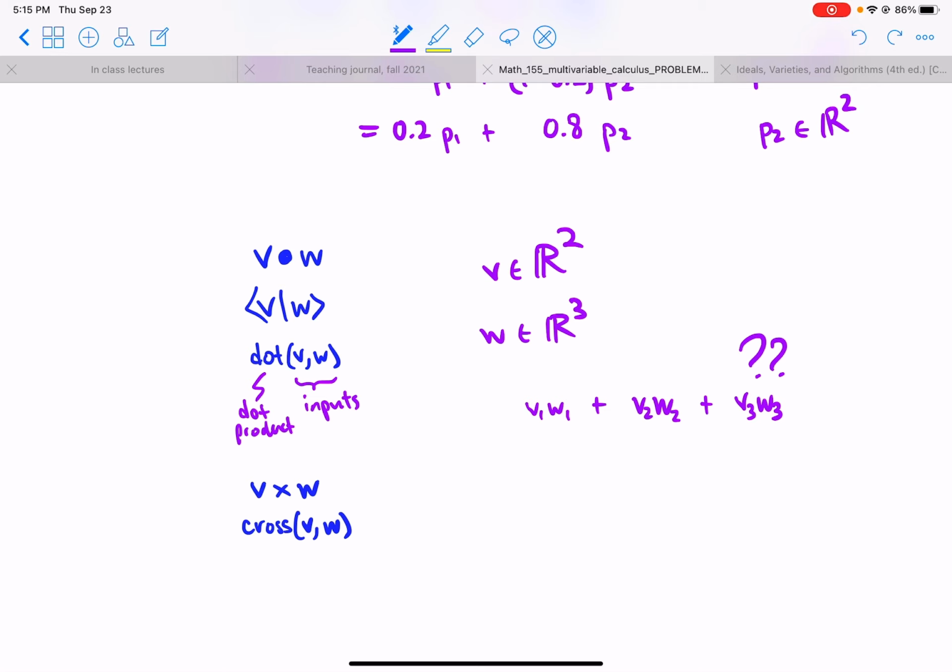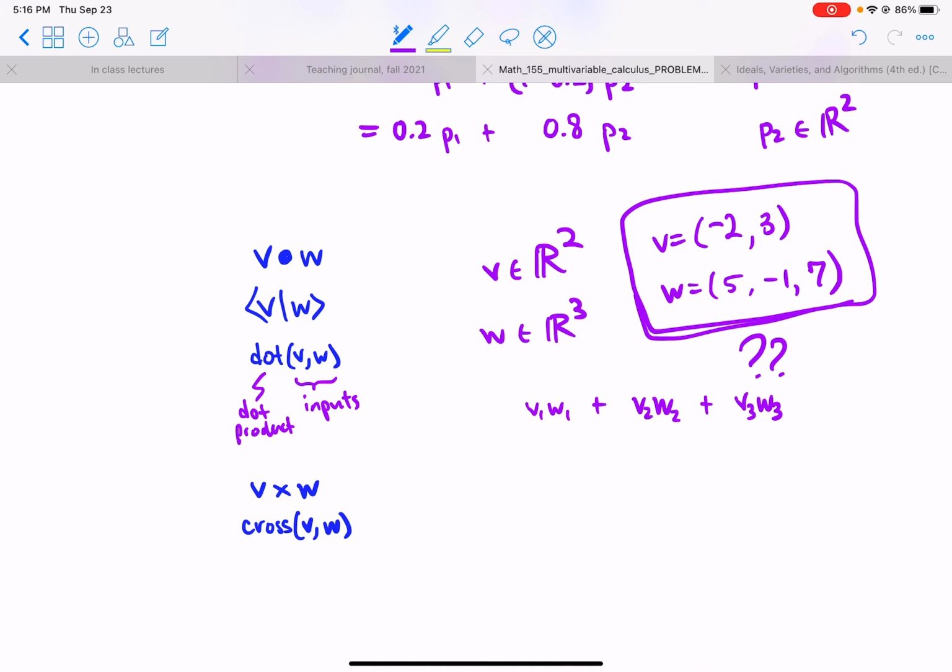Okay, so for example, if V was negative 2, 3, and if W was 5, minus 1, 7, we cannot do V dot W. We cannot do it because 7 doesn't have anything to pair with. And so just the dot product isn't defined.